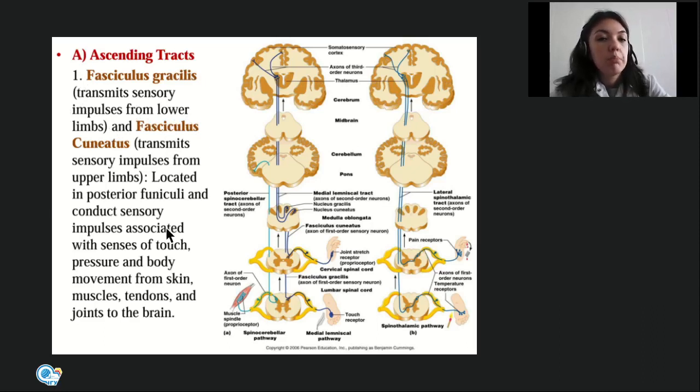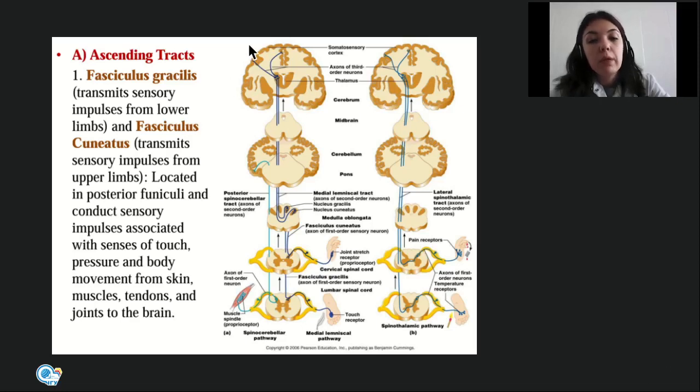It is located in the posterior funiculi and conducts sensory impulses associated with the senses of touch, pressure, not touch actually, yes, deep touch only. So body movement from muscles, tendons, and joints to the brain.